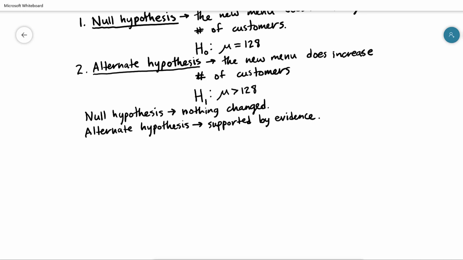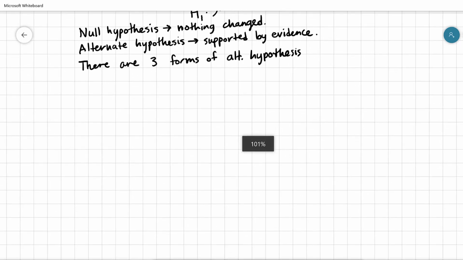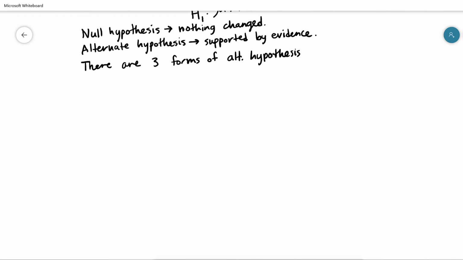So there are three forms of the alternate hypothesis, and here are those three forms. We could have H1 state that the value of mu is greater than some number.